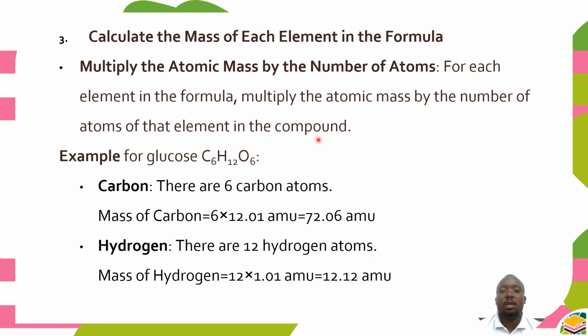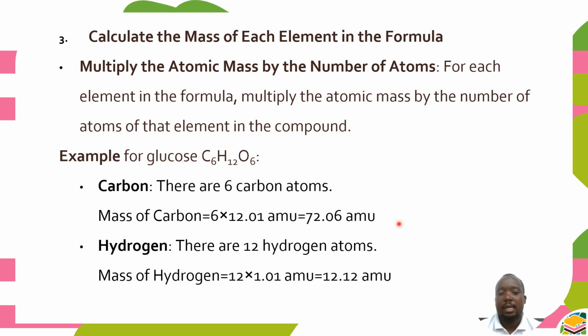If you check the periodic table, the atomic mass of carbon is 12.01 AMU. And how many carbons do we have? 6. So it will be 6 multiplied by 12.01, and we get 72.06 AMU. That is for carbon only.